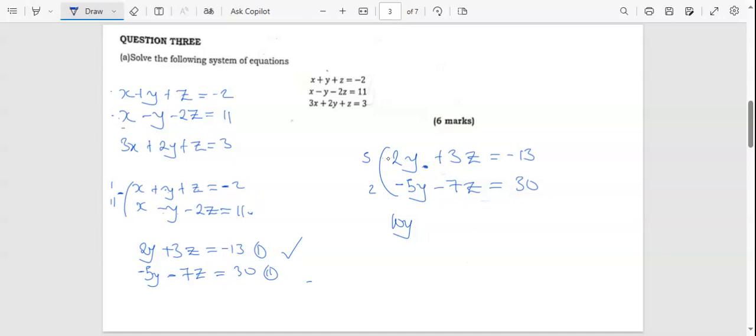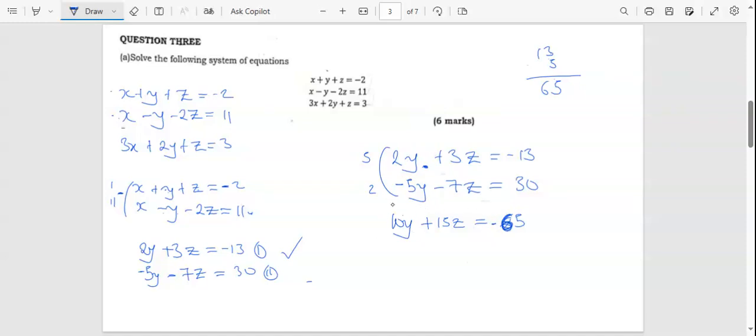So 5 times that will be plus 15z is equal to 5 times negative 13, which will be negative 65. So we just put negative 65 like that.